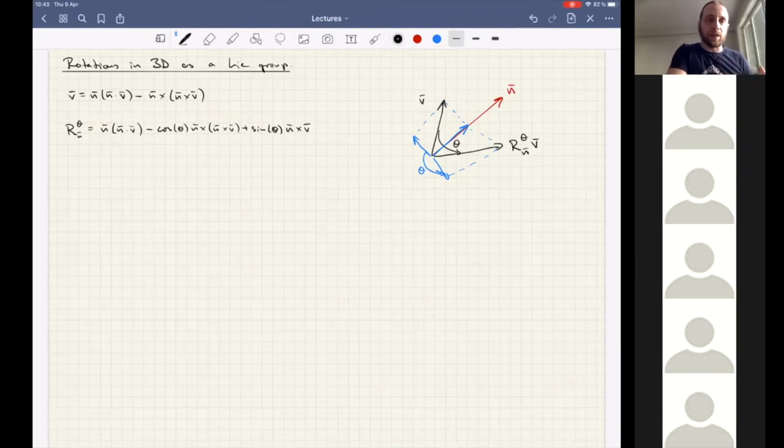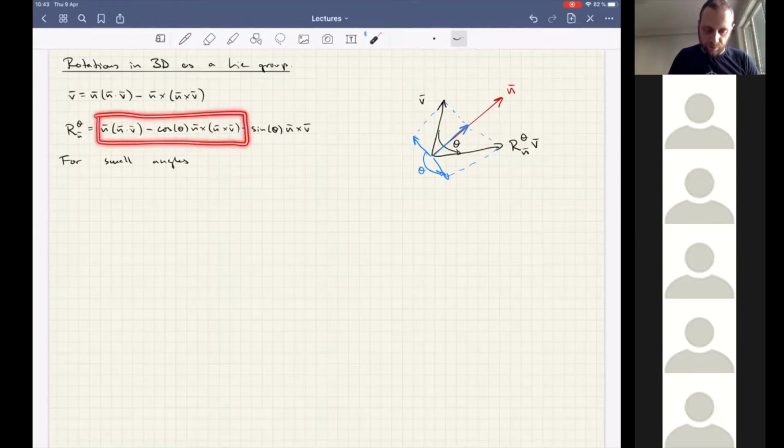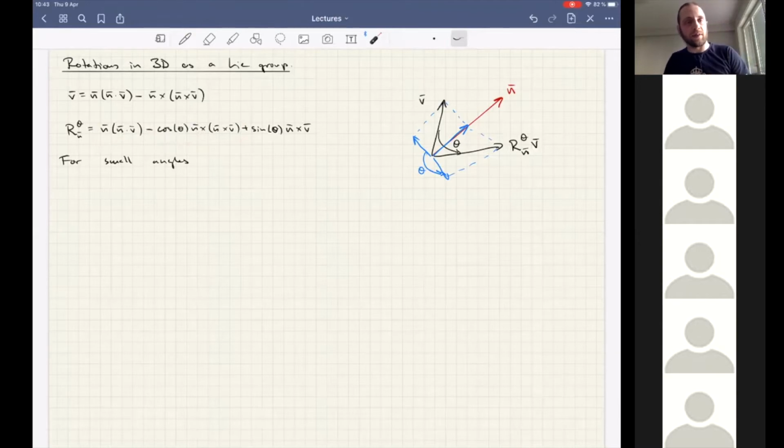Comparing to what we did before for the general case, when we look at rotations by small angles, if we look at the first two terms, the cosine is 1 plus something that's order theta squared.